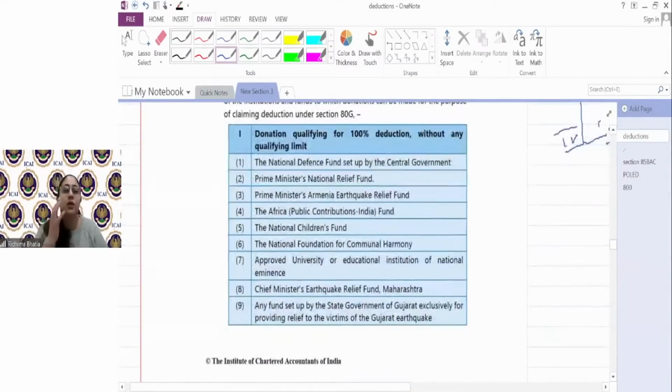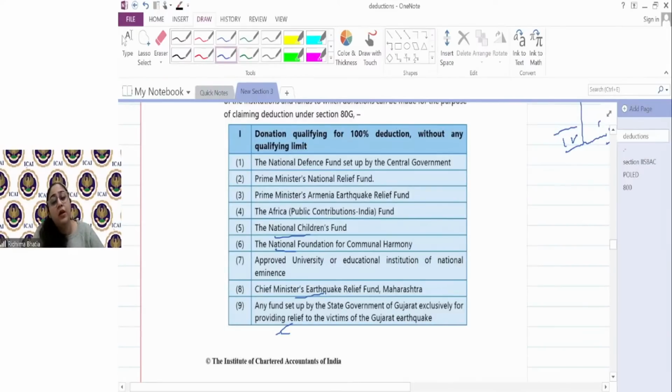ठीक है. So बाकी naturally first category में you will remember, but remember all the Prime Minister related funds. जिस fund में Prime Minister आ गया या national importance आ गया या Chief Minister Earthquake Relief Fund आ गया, वो सारे funds are available for 100% category.